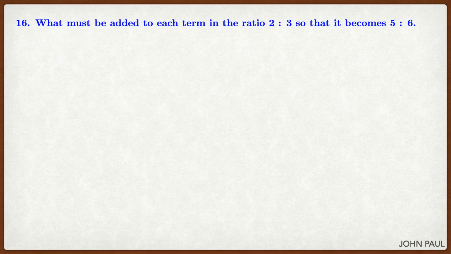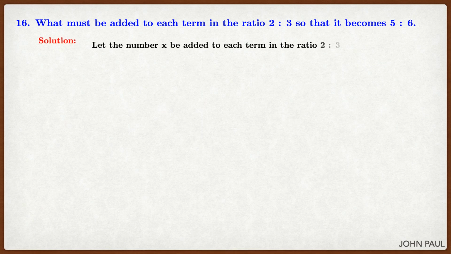Sixteenth problem. What must be added to each term in the ratio 2:3 so that it becomes 5:6? Solution. Let the number x be added to each term in the ratio 2:3. Some number we are adding, let us consider that number as x. That is, 2 plus x by 3 plus x equal to 5 by 6.